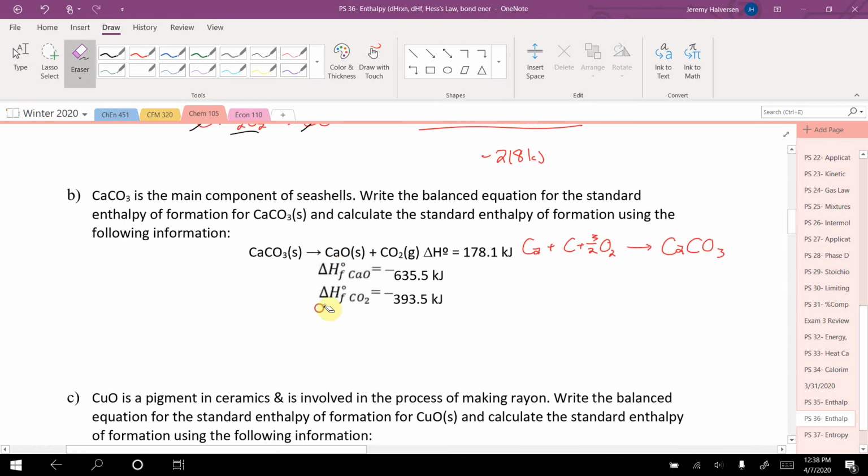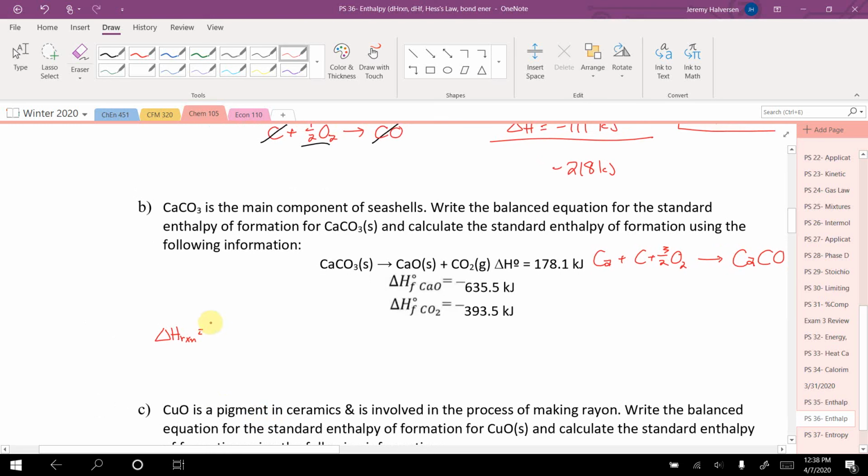So if I were to write that out, the delta H of this reaction is going to equal the enthalpy of formation of my products, so CaO plus CO2, minus the enthalpy of formation of my reactant.